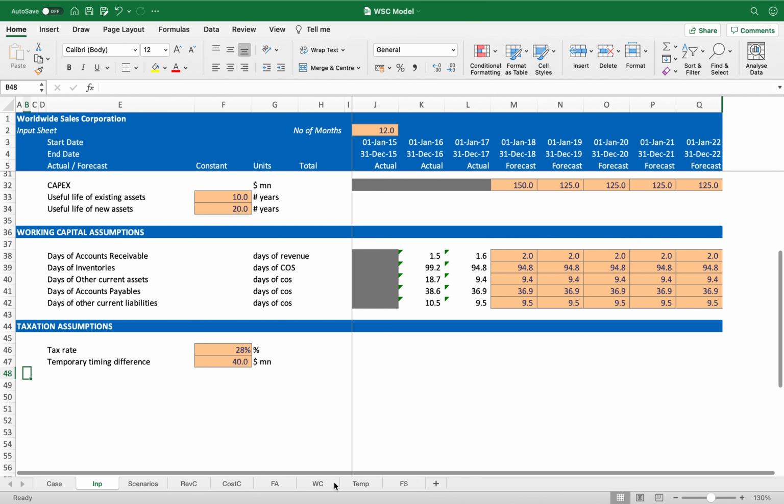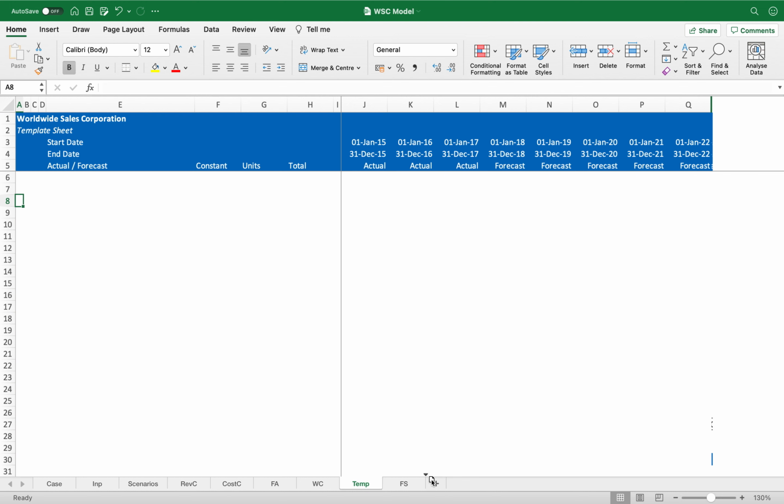Now we need to create a separate schedule. So copy the template sheet and create a tax schedule.